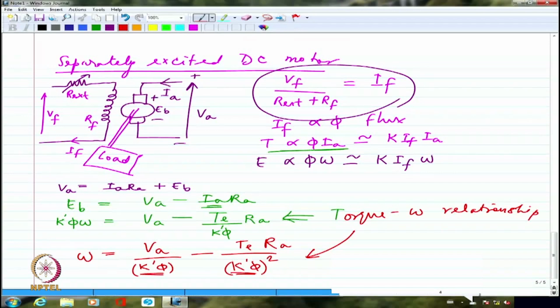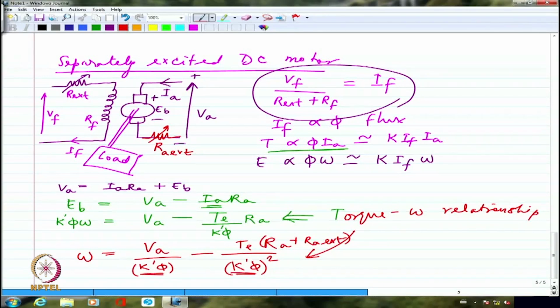That will modify this equation to RA plus R external.